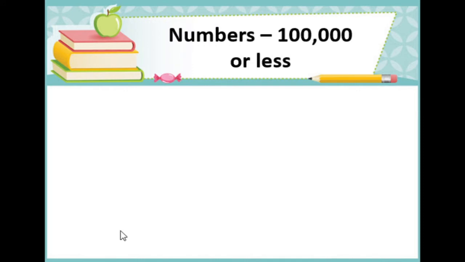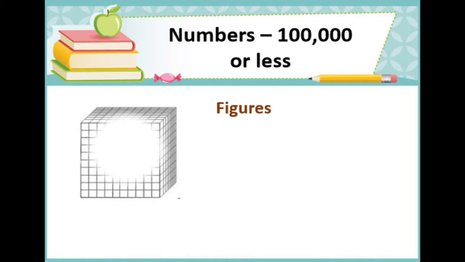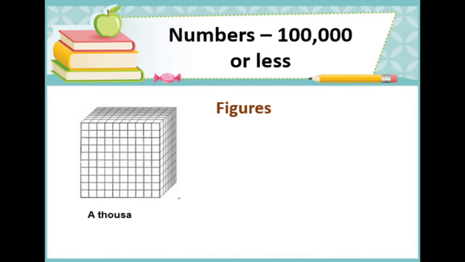Now, let's move on to more concepts in math. First, let's try to read, write, and say numbers of 100,000 or less using figures. Okay? So we have here a cube, and this cube represents 1,000.